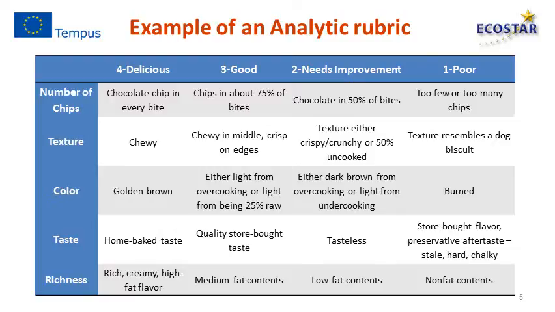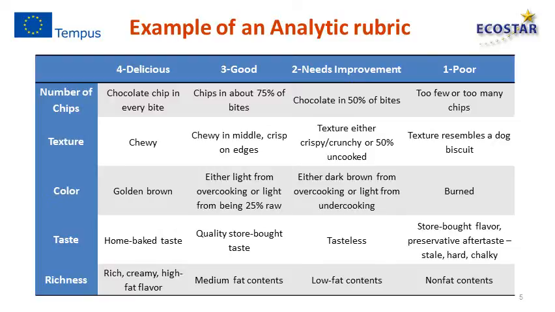One way to think about whether you can separate dimensions is whether a product, in this case a cookie, can be high on one dimension but low on the other. For example, can you have a cookie that gets a rating of delicious on taste, in other words, has that home-baked taste, but could have a rating of poor on richness, in other words, non-fat contents?